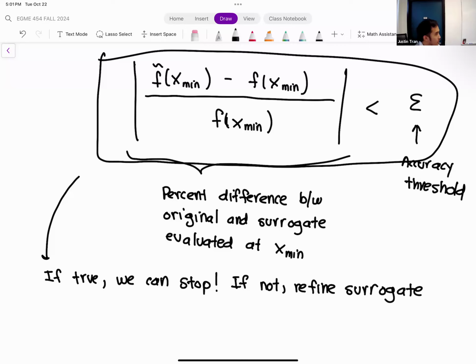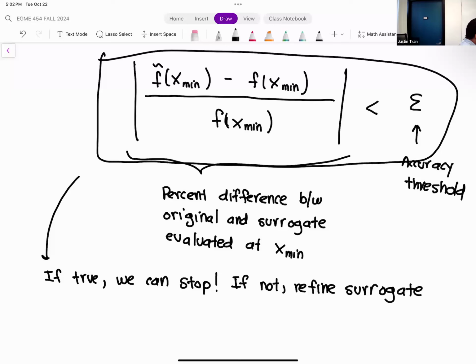The question now is, how do we determine what the accuracy threshold is? That's usually something that you specify beforehand. In my example here, we use a threshold of about 5%, which is usually a good threshold to have.